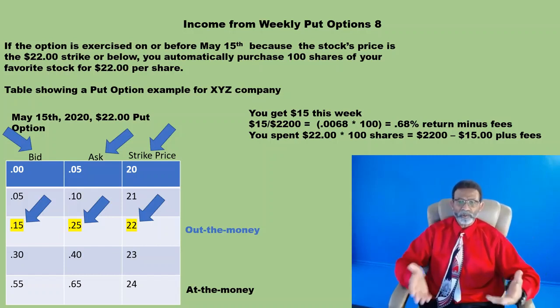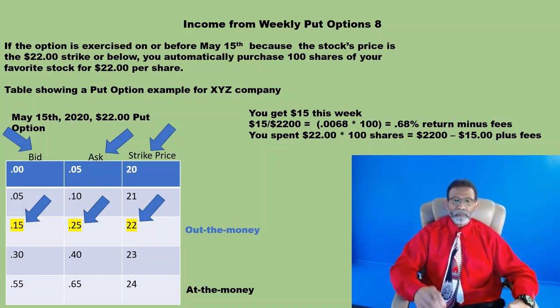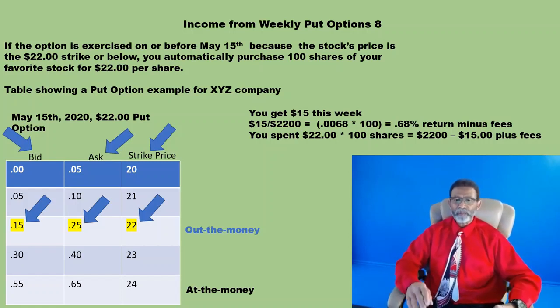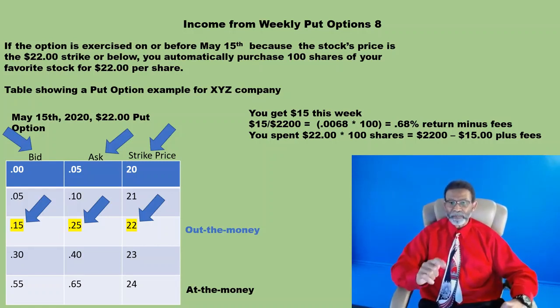So let's go through the math. So 15 divided by 2200, 0.0068 times 100. So 0.68% return minus fees.